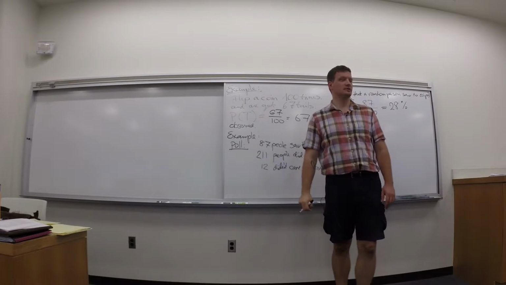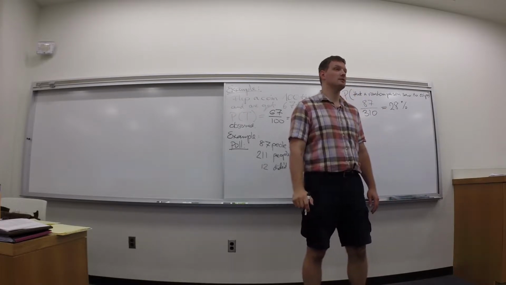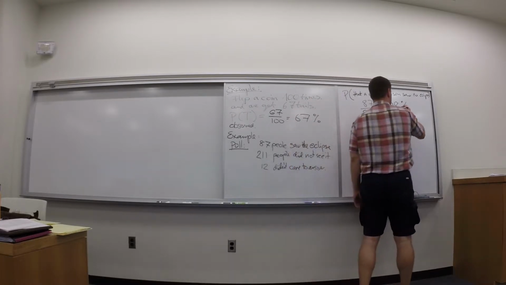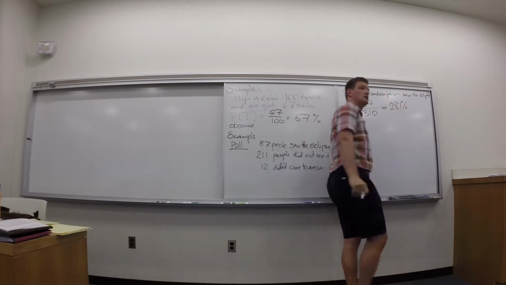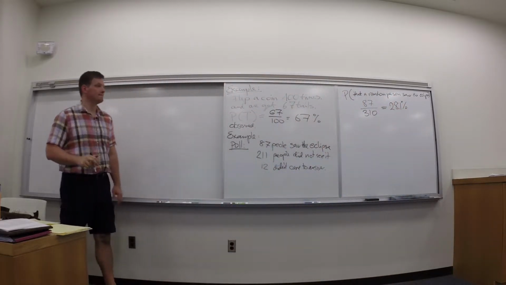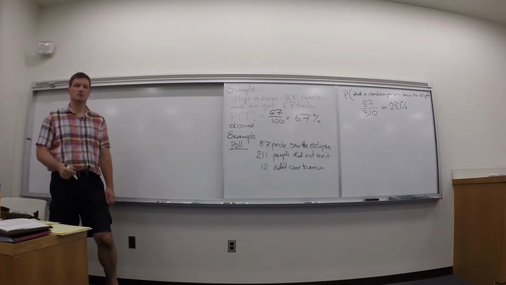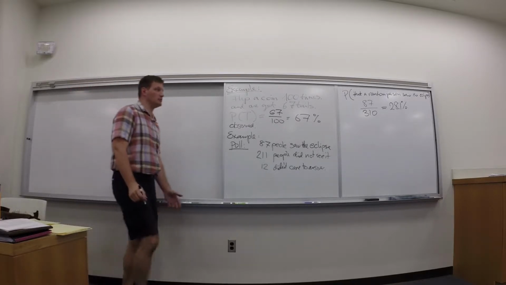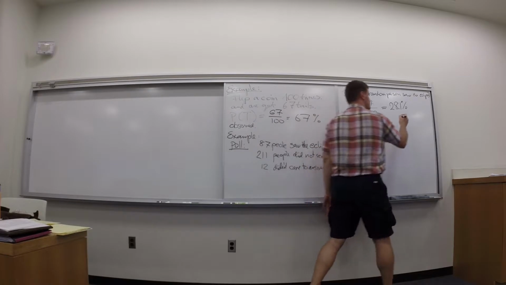Should be 28 point something. 28.06, so 0.1, right? We round to one more decimal place than the one that was given. So 28.1%. And again, what kind of probability is this? This is observed probability.